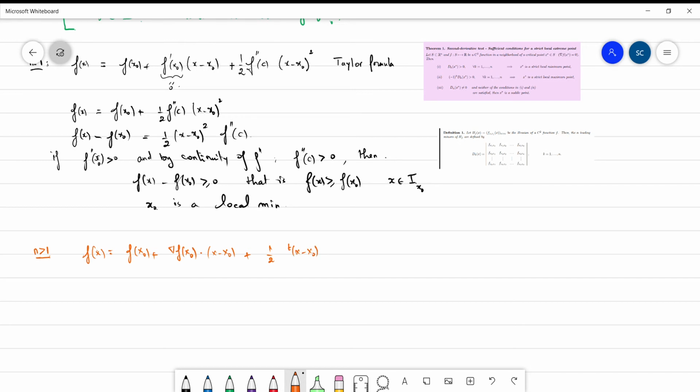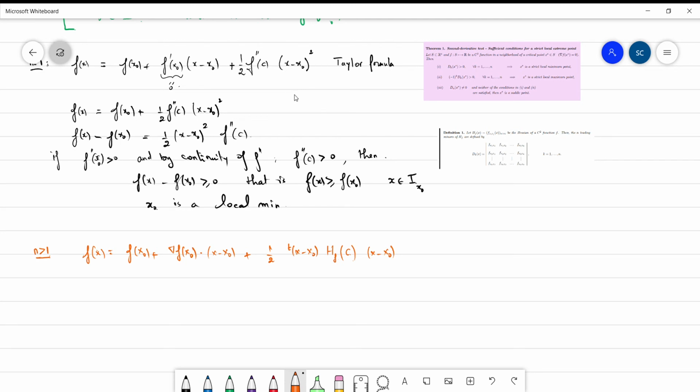Then the Hessian matrix, which will contain the second derivatives of f at an intermediate point, let's call it c, times x minus x0. Something very similar to what is happening in dimension 1.